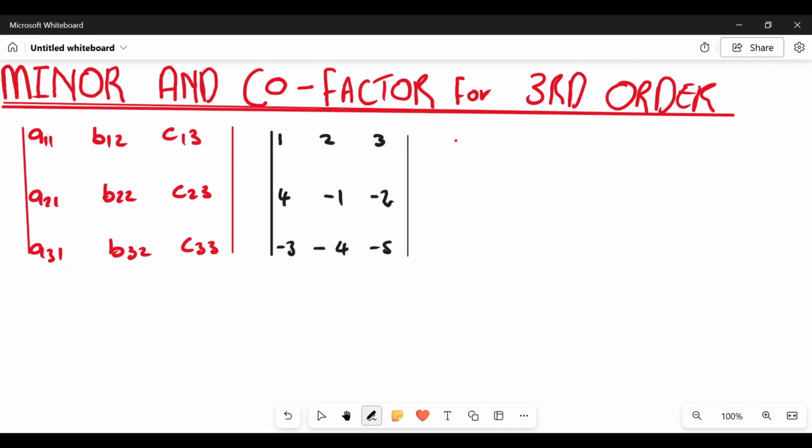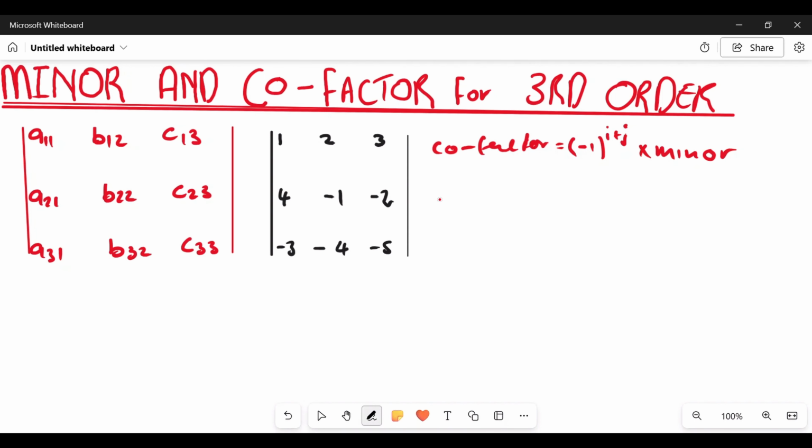Let me show you one of the formulas that we use to calculate the cofactor. So when you calculate the cofactor, this is the formula. Inside the bracket, you have -1 to the power of i plus j multiplied by the minor. There we go. So this i and j are going to be based on the entry that we are looking for the cofactor from.